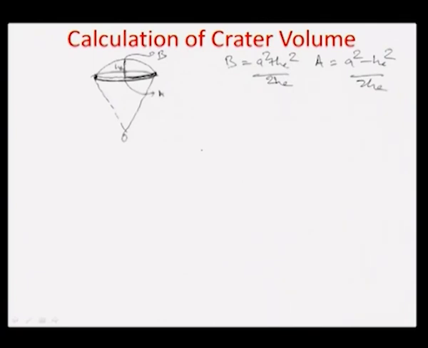If this distance from the center were y, we would be left with the radius here as the root of (r square minus y square), which would be true because in triangle OAC you have to apply Pythagoras theorem to obtain this expression here.